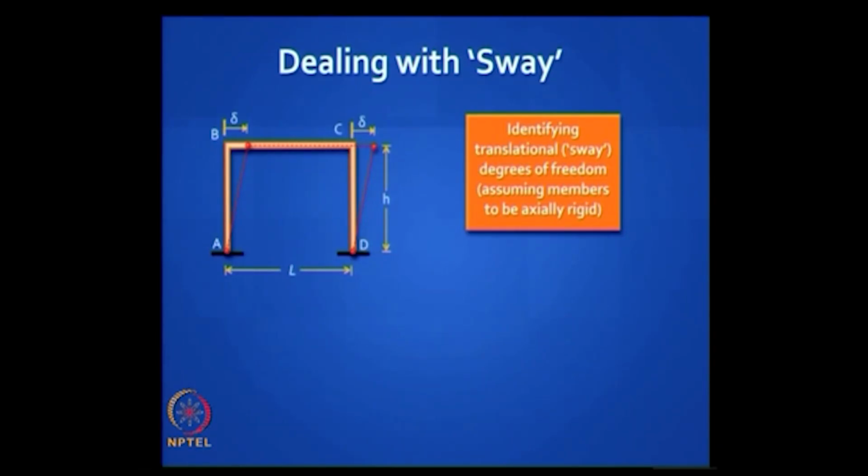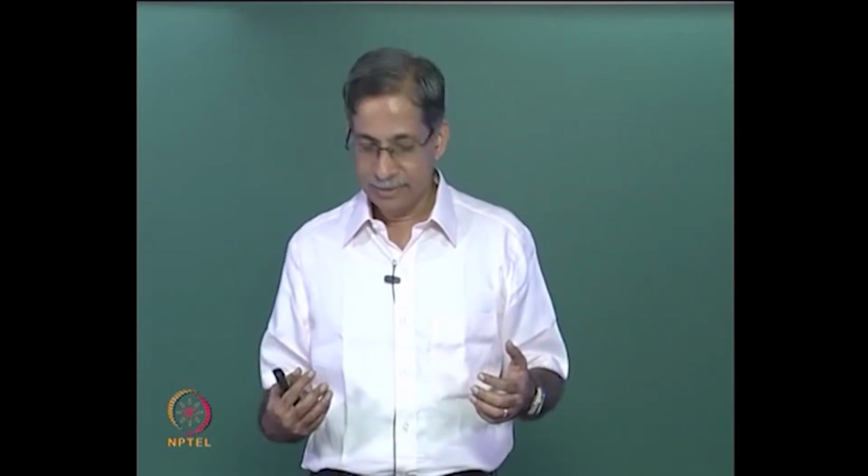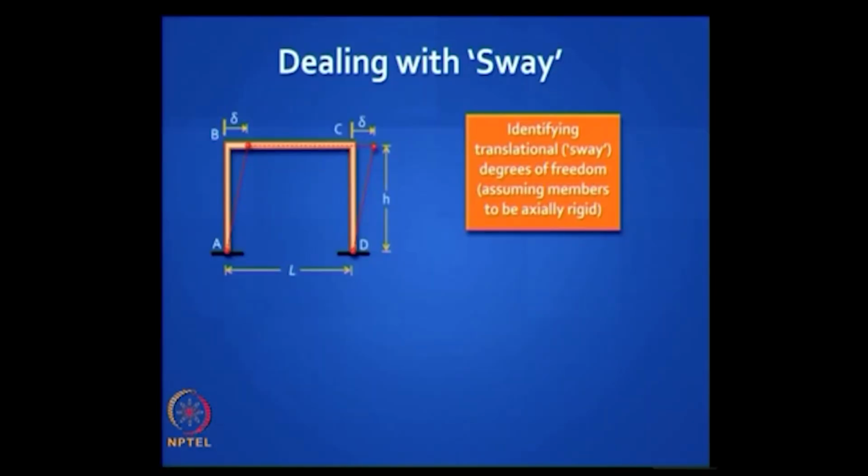The other way to do it is, at every joint in a plane frame you have two translational degrees of freedom, in any two orthogonal directions, vertical and horizontal. At A and D both are arrested, so you have 4 potential degrees of freedom at B and C, agreed? 4 translational degrees of freedom. But if you assume members to be rigid, you are bringing in as many constraints as there are members.